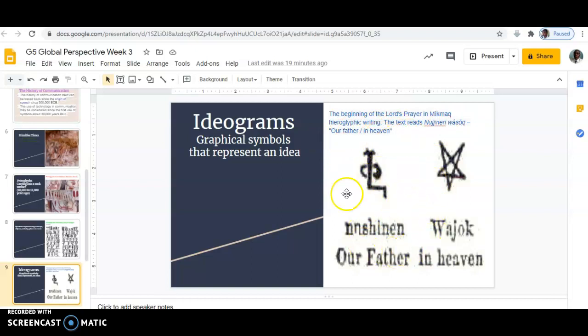So this is a text, a way of communication done a long time ago. You can see some signs, like a star, and so it communicates a message to you.